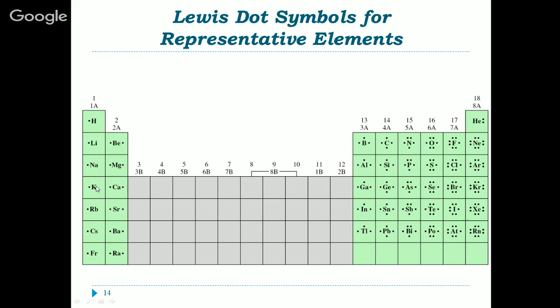When we look at our group numbers of our main elements, if you're a group 1, you have 1 electron in your outermost shell. Group 2 has 2. Look at the trend. Group 3 is 3, 4, 4, 5, 5, etc. So your group number tells you your number of valence electrons. We also know this from writing out electron configurations.